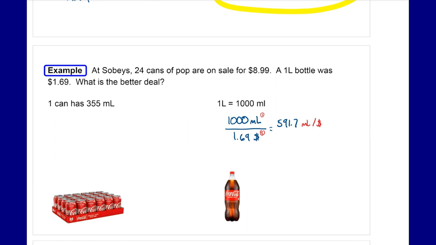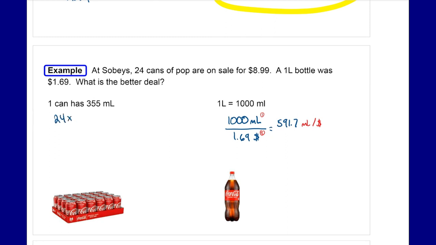Now let's look at the cans. The cans are a bit different because we don't know the overall volume of pop that we're getting. We know there's 24 cans and we know one can has 355 milliliters. So let's use this to help us figure out how many total milliliters we have.